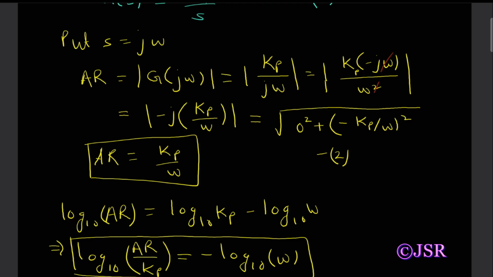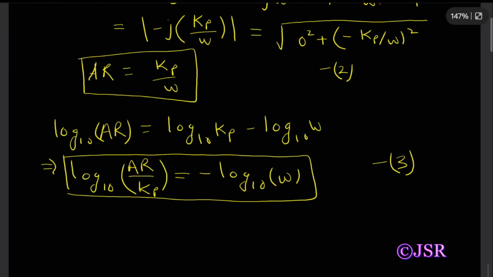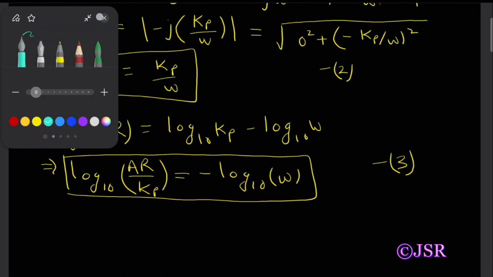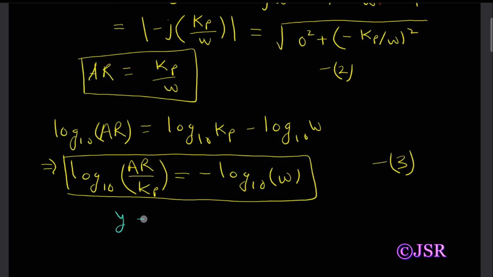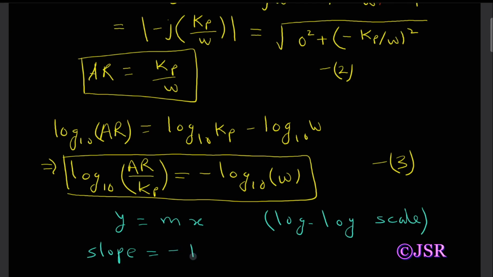So on log scale, this is the equation of a line, y equal to x on log scale. So the slope will be equal to minus 1.